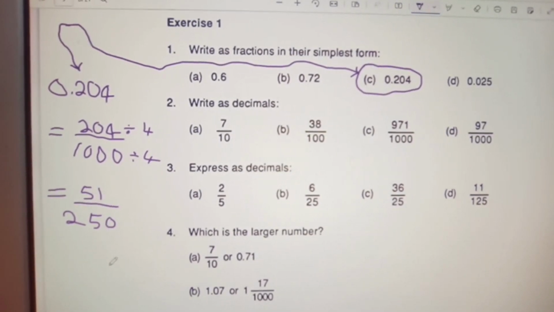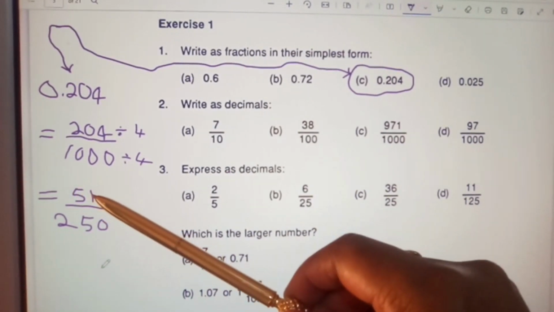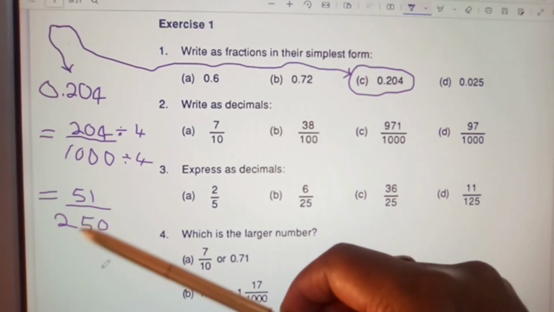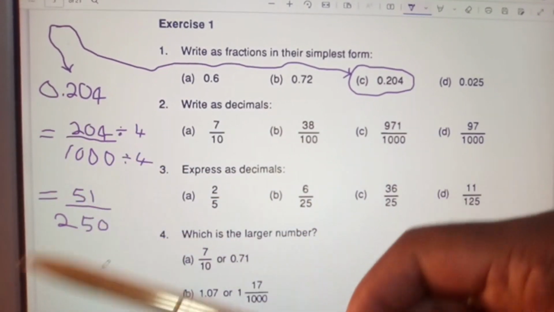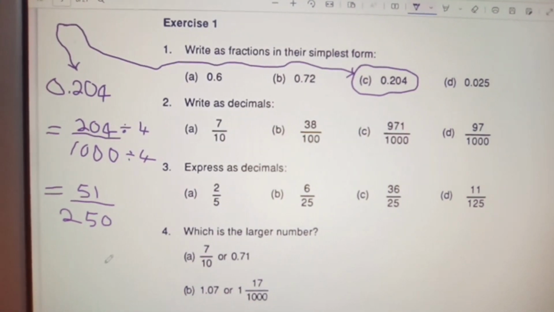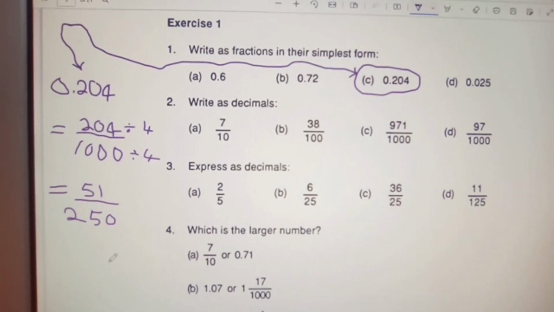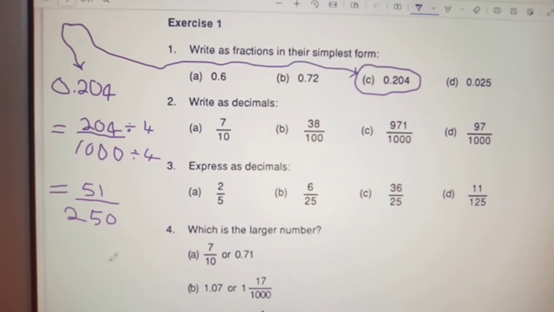So what I'm going to do now is divide 51 by 250, and I'm going to use a calculator. Feel free to use your calculators. Get used to them. They are a tool to help you resolve mathematical equations, so use them for that purpose.